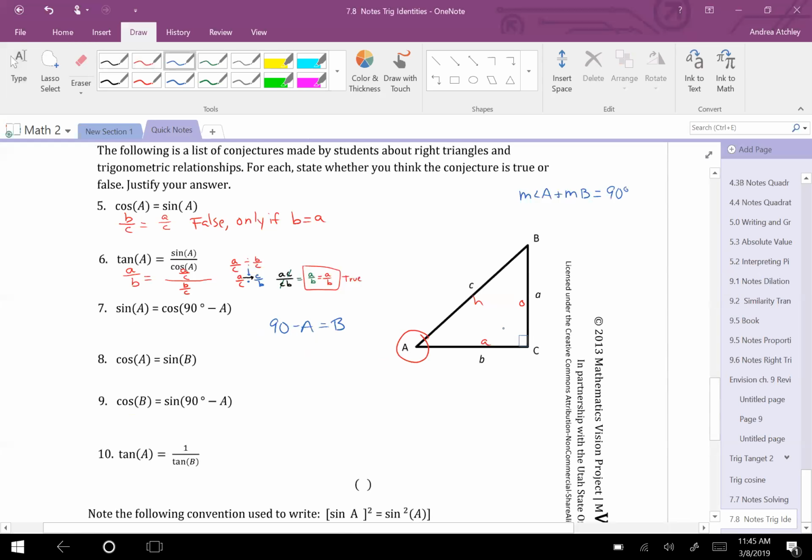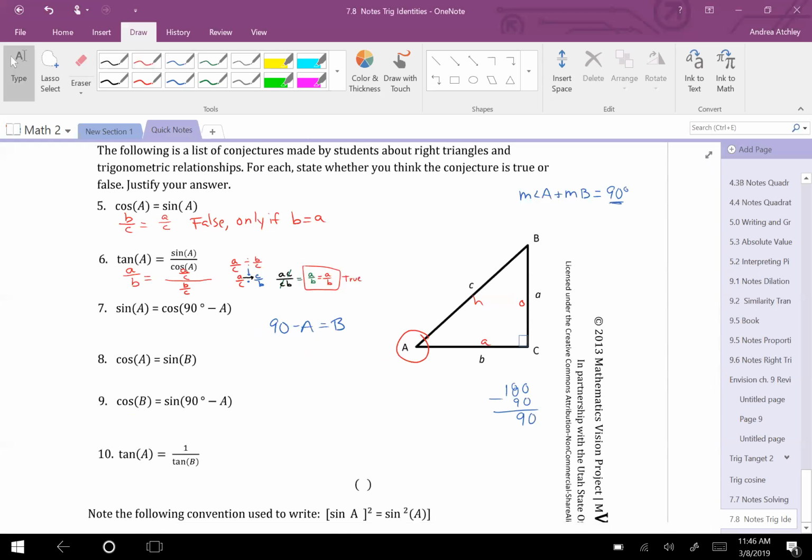Because how many degrees are in a whole triangle? 180. And how many degrees are a right angle? 90. So 180 minus 90 gives me the 90 degrees. So I know that A and B have to add to 90. Any questions over that? We're all good?